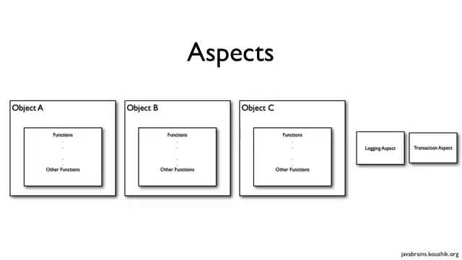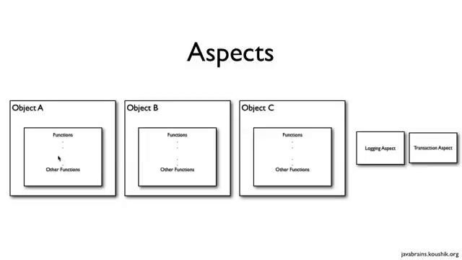Now you might ask, how is this different from having a separate object? You would have an object for logging, instead you're having an aspect for logging. Now how is it different? The difference is in the second point here. After creating these separate aspects, you do not reference these aspects in your code.